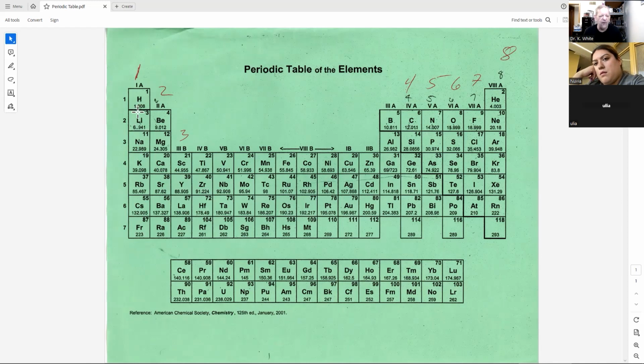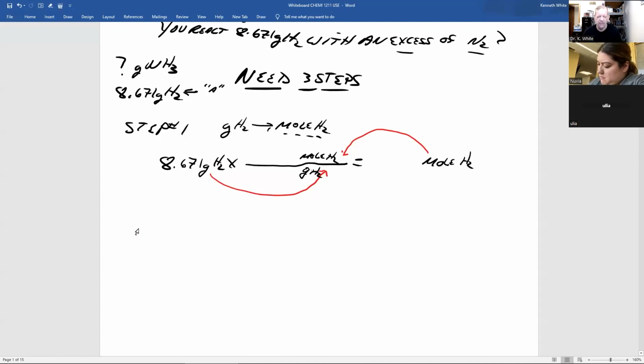So 1.008, round that off to 3 significant figures: keep the 1, keep the 0, keep the 0, that's my 3, and use the 8 to round off. That's 5 or higher, so I'll drop that, and the number in front I increase by 1. So the atomic weight of hydrogen is 1.01.